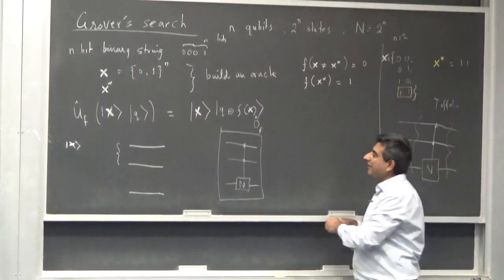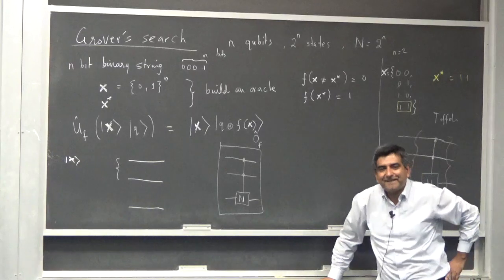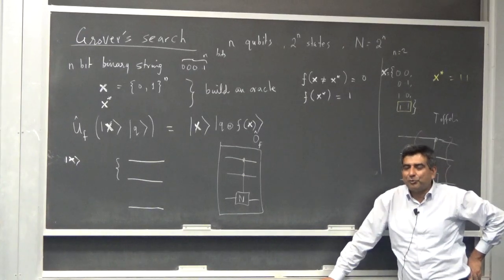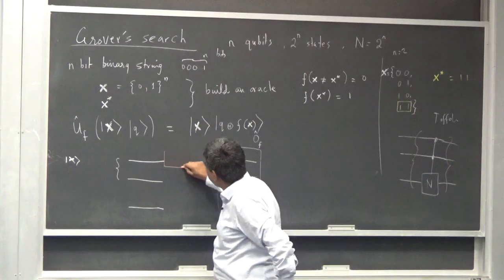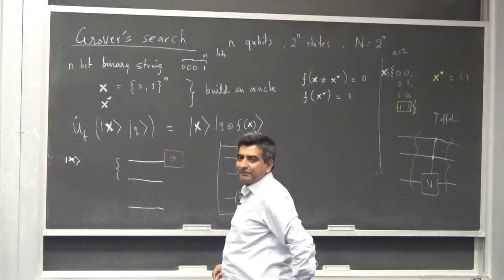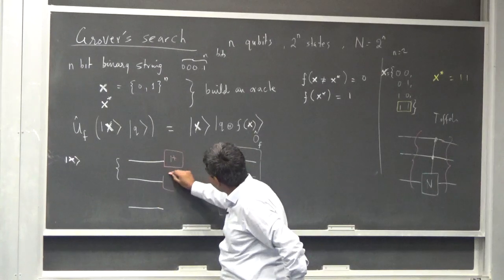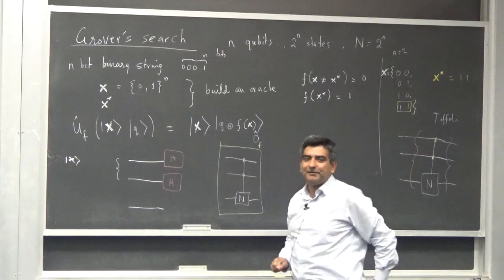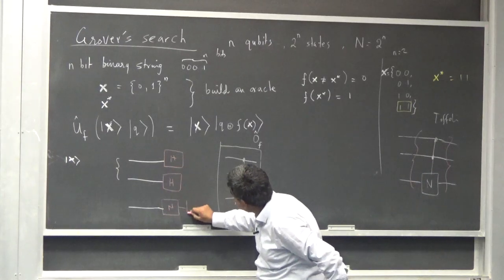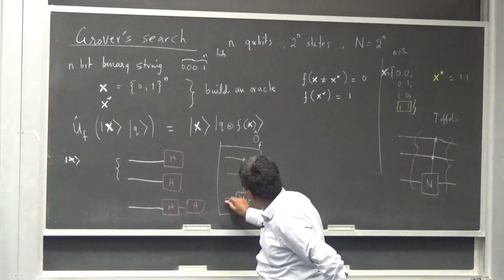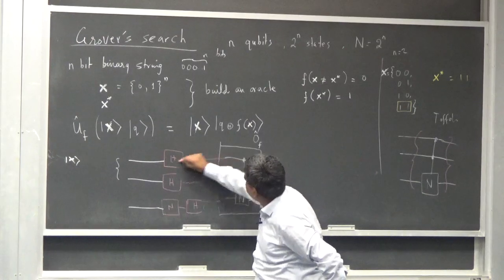So this is my implementation of the oracle. Now what do I do? Just as in the Deutsch algorithm, I would like to put a Hadamard here, a Hadamard here, a NOT gate followed by a Hadamard here, and then feed this into the oracle.